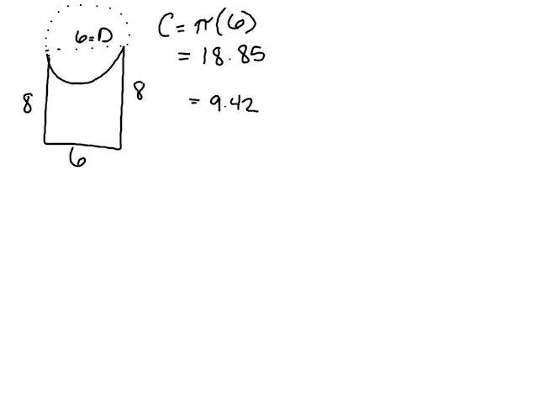So if I want to find the perimeter of this shape, what do I need to add? 8 plus 8 plus 6, there are my side lengths, plus 9.42. And our units were meters.